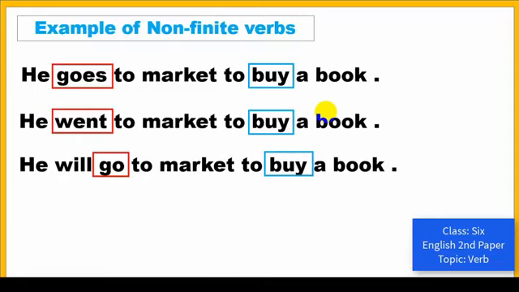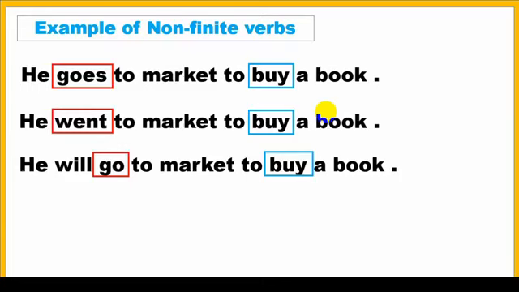Dear students, look at the first verbs of the three sentences. Goes changed to went and go as per the tense and subject and number of the subjects.